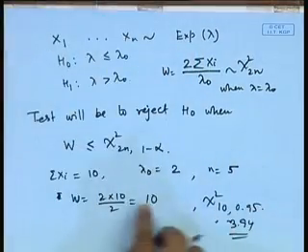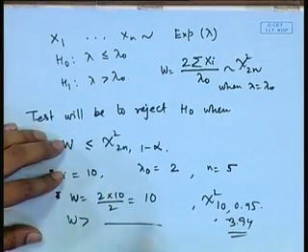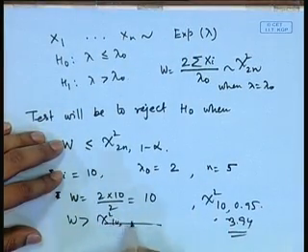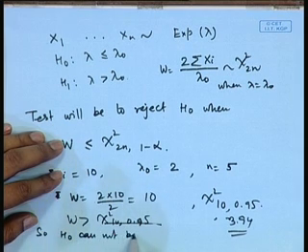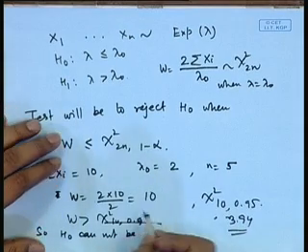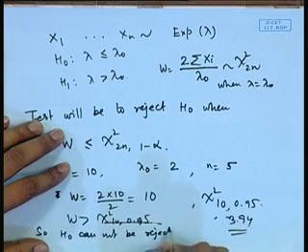So, easily you can see that this W is bigger than this chi square 10, 0.95. So, H naught cannot be rejected at 5% level here.